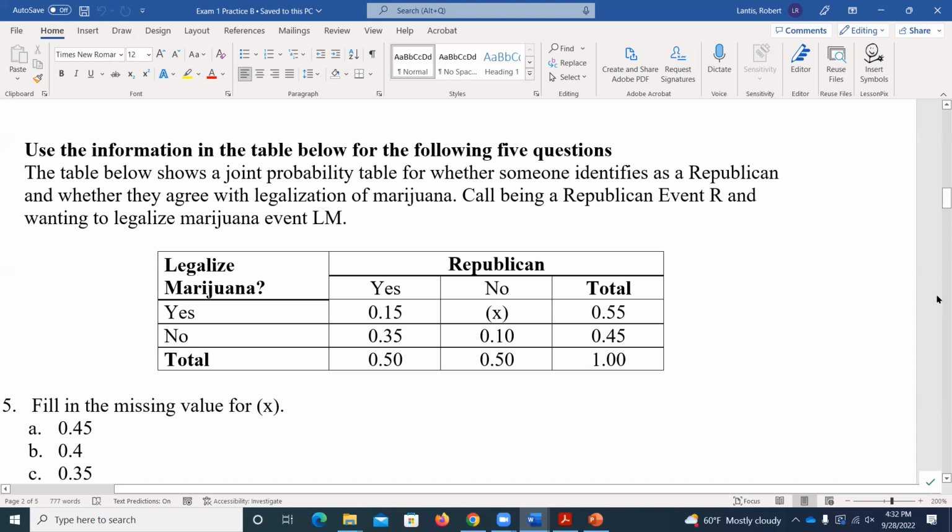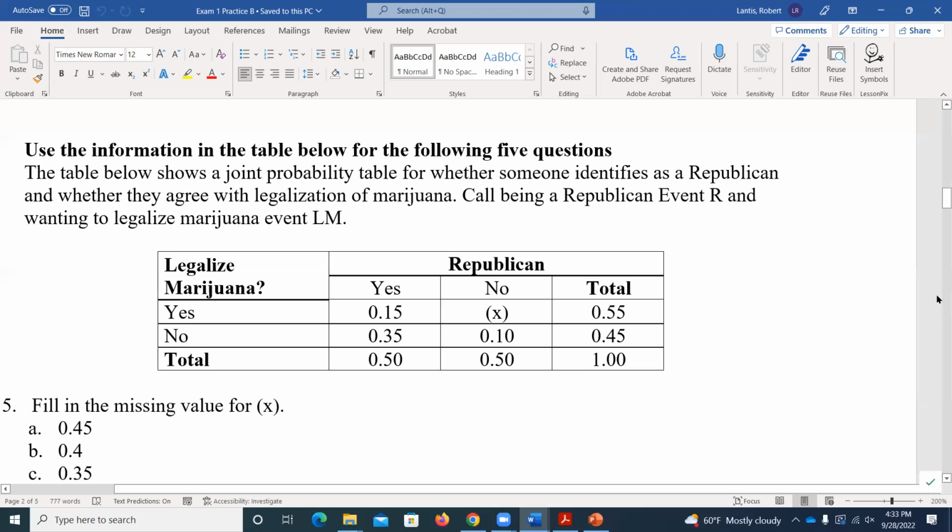Those totals are produced by adding across the rows or down the columns, right? 0.15 plus 0.35 is 0.5. 0.15 plus X should give me that 0.55. So from there, a little bit of algebra, and I can see that X would be 0.4. Okay.